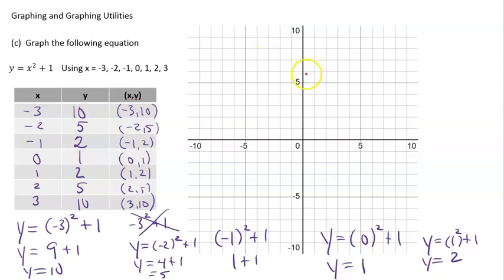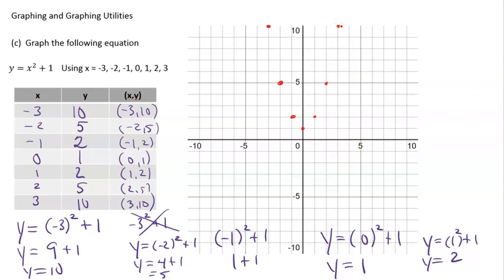Almost fell off. That's 6, 7, 8, 9, 10. It's really at the top. So there's not a line there, but we're going to put a point right there. That is negative 3, 10. Negative 2, 5 is located here. Negative 1, 2, 0, 1, 1, 2, 2, 5, and then 3, 10.